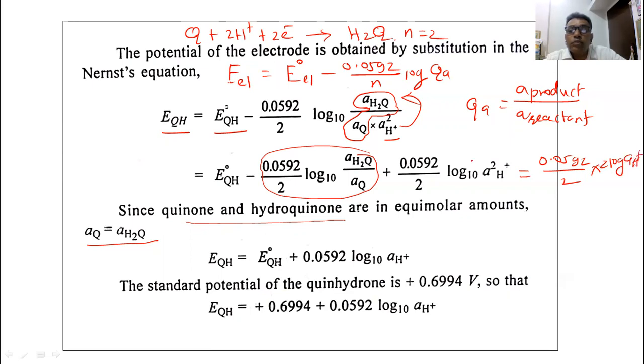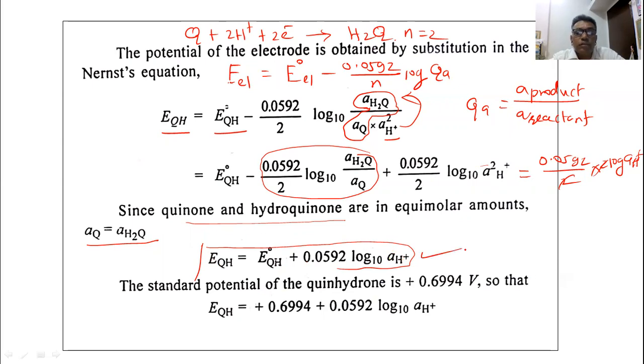The 2 is taken here, so the 2s get cancelled. So you can see the derivation: the quinhydron electrode potential is equal to the standard potential of the quinhydron electrode plus 0.0592 log to the base 10 of the activity of the hydrogen ion.